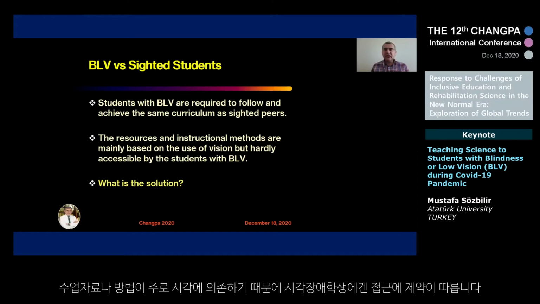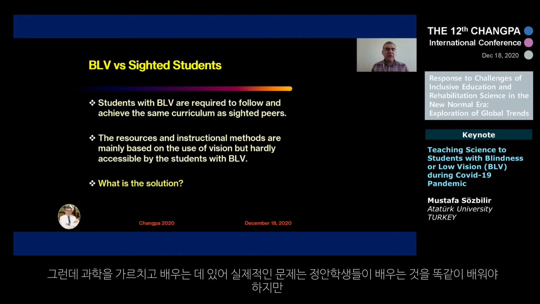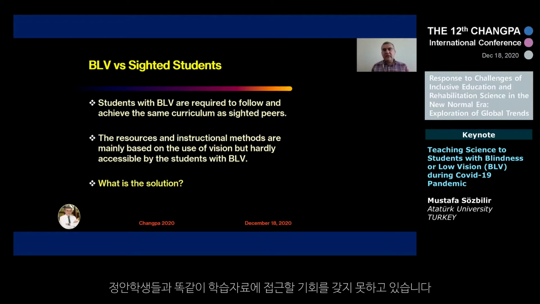The resources and the instructional methods are mainly based on vision, but the materials are hardly accessible by blind students or low vision students. So the problem is actually in teaching and learning science. They have to learn what their sighted peers have to learn, but they do not have equal access or equal opportunities in terms of accessing the learning materials.